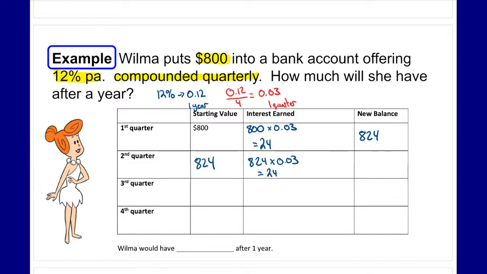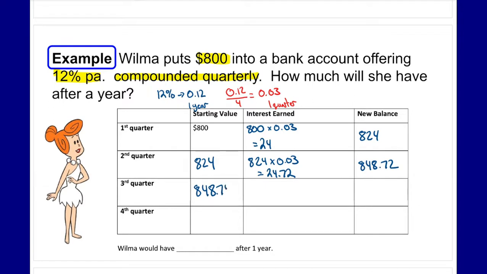And we get 24.72. So it's a little bit more, almost $1 more. Our new balance then is going to be 24.72 plus 824, which gives 848.72. That new balance then becomes our new starting value.